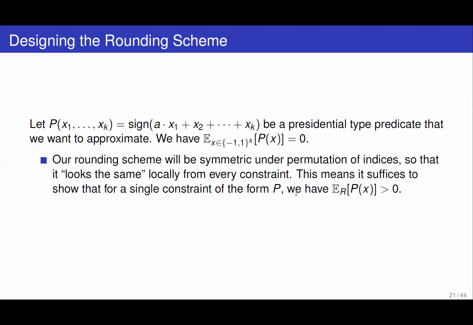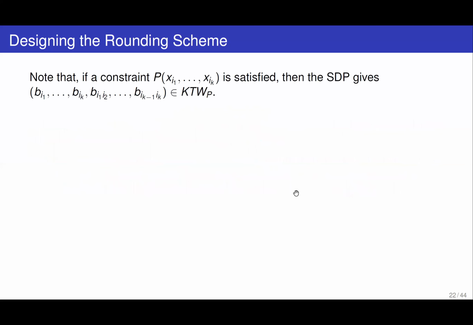Now let's design the rounding scheme. Let P be a presidential type predicate that we want to approximate. Our rounding scheme will be symmetric under permutation of indices so that it looks the same locally from every constraint. This means that it suffices to show that our rounding scheme achieves a positive value on a single constraint of the form P. Note again that if the constraint is satisfied, then the SDP will return a point from the KTW polytope.